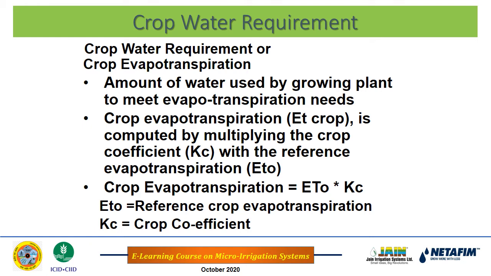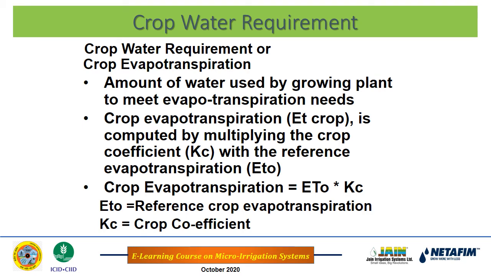So again you see that from geographical area A to geographical area B, there could be a different reference evapotranspiration. If the same crop is grown at different geographies, it will have different crop evapotranspiration, because the reference evapotranspiration itself is different.